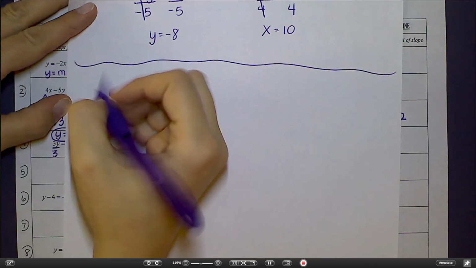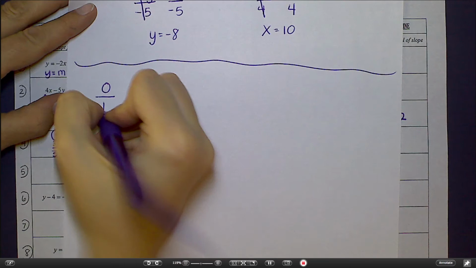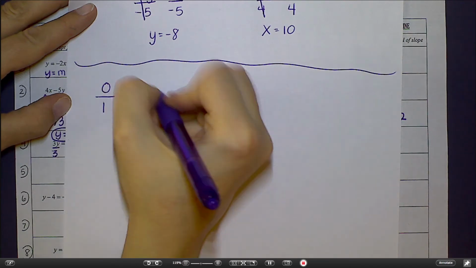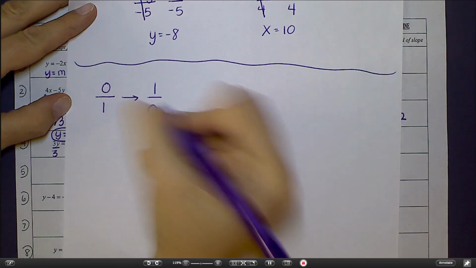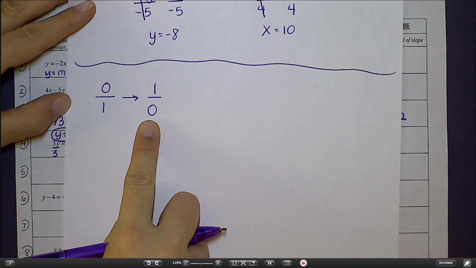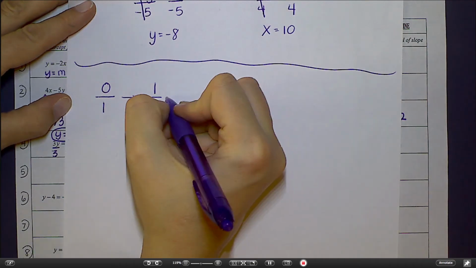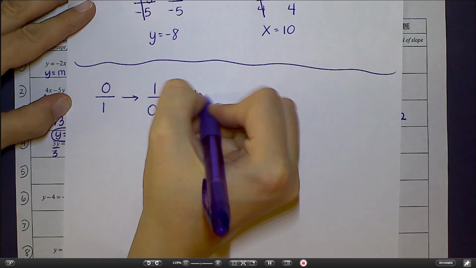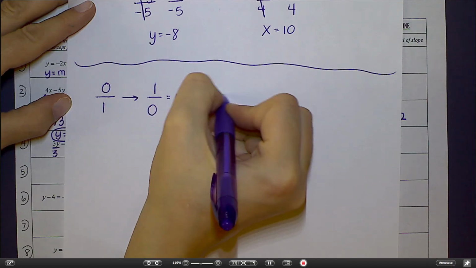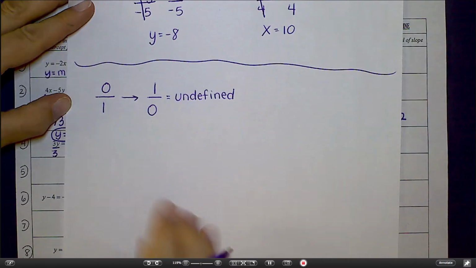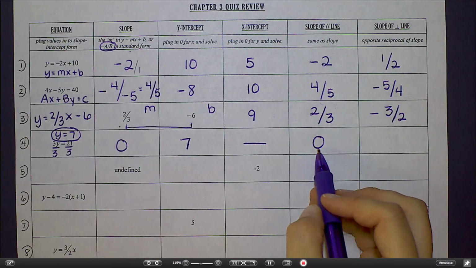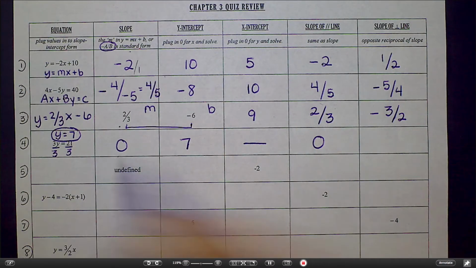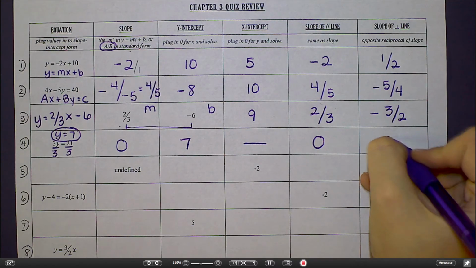If you think of 0 as 0 over 1 and you do a reciprocal, you're going to end up with 1 over 0. And remember that we're not allowed to divide by 0. So this right here is undefined, which we can write with that symbol, the circle with the slash through it. So if my line has a slope of 0, the perpendicular line would be undefined.